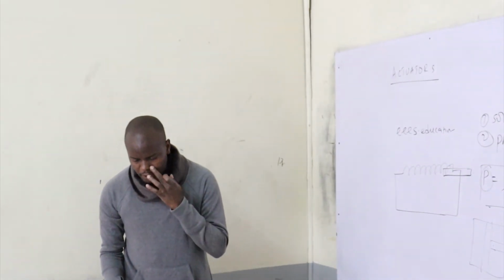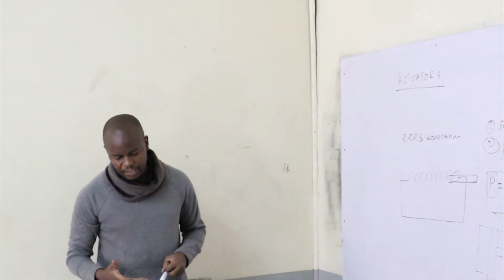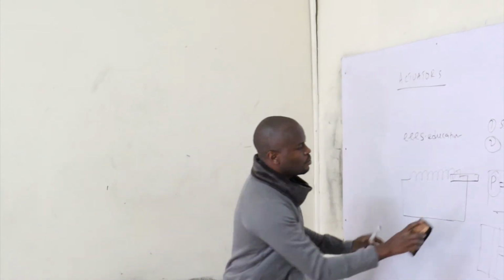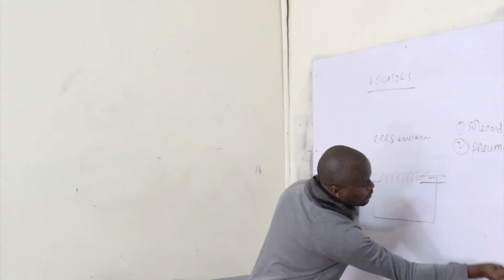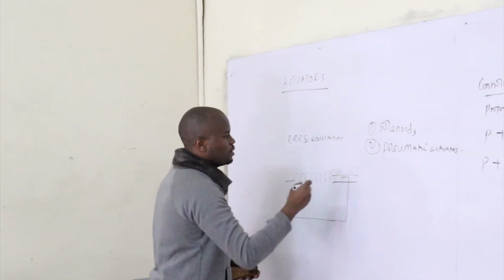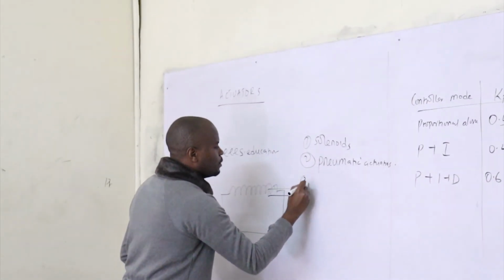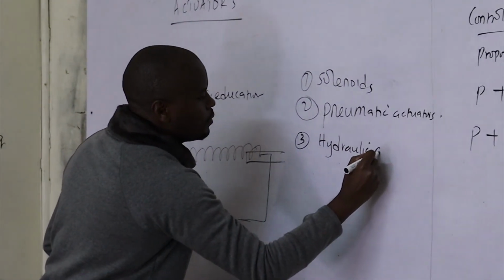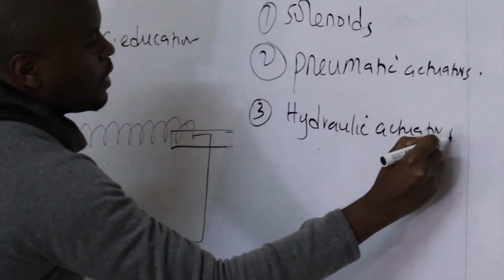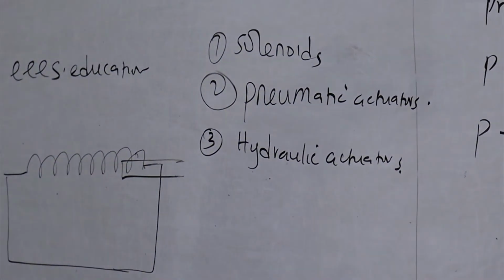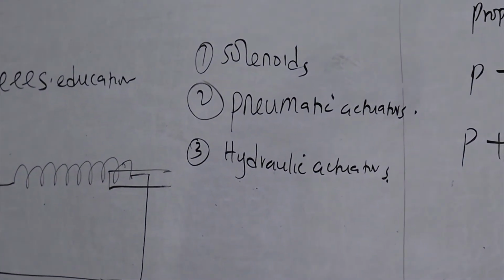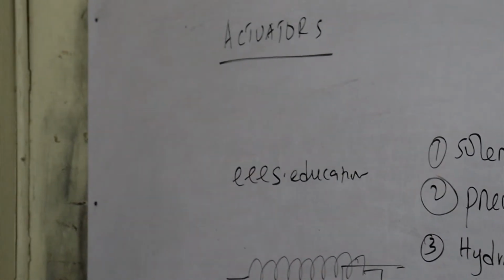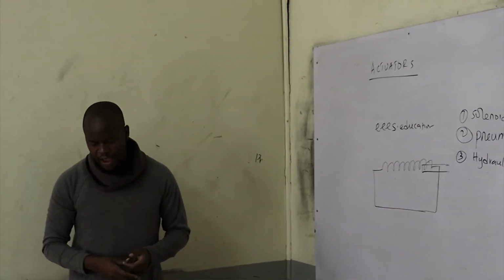We can also briefly talk about hydraulic actuators. A hydraulic actuator is a device which amplifies a linear mechanical motion into mechanical motion at a much higher level.